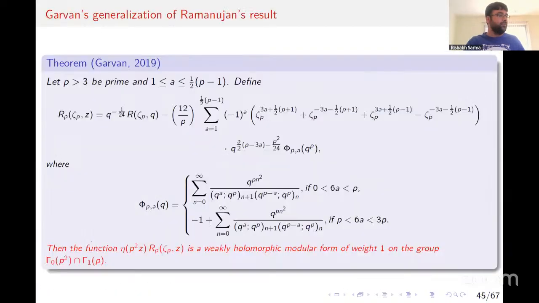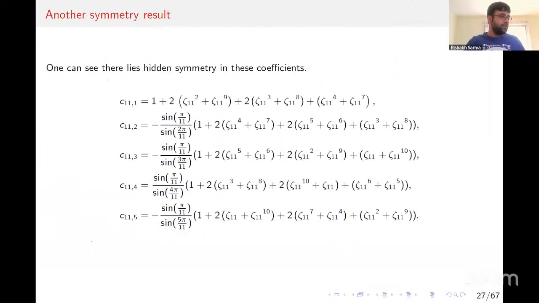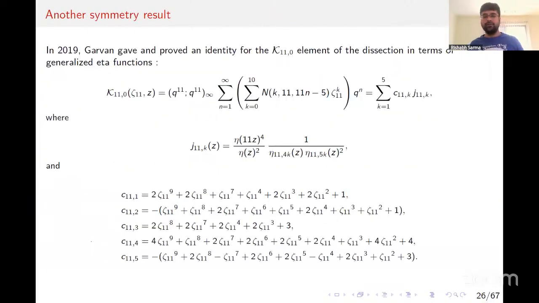If I show this work of Garvan, in his 2019 paper, this is the only identity, or there is one more identity that Garvan has. This is exactly what we did for p equals 13, 17, 19, and k equals 0 to, this is the one for k equals 0 here. But we have done this for k equals 1 to all of them.